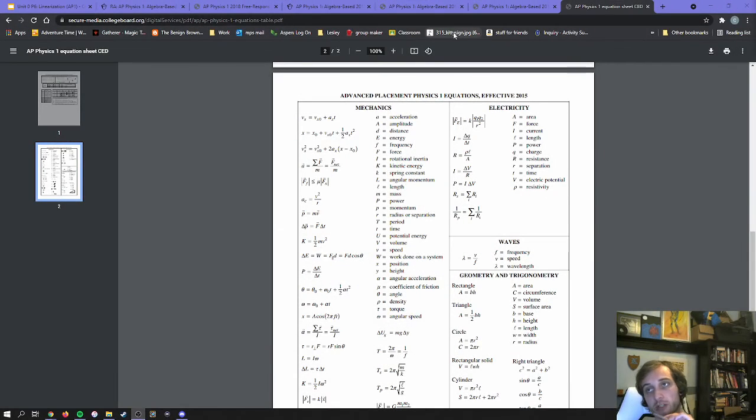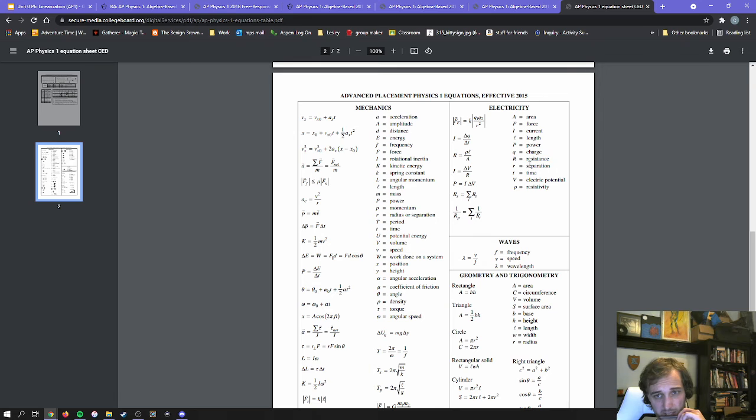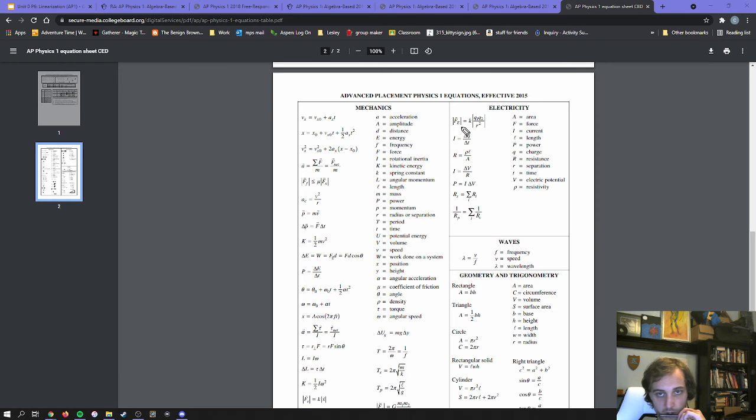So looking at that equation sheet, I don't see anything for resistivity over here. Resistance, that's close, but that's not resistivity. Oh, resistivity. So rho is resistivity. Does one of these equations have rho? Doesn't have rho, doesn't have rho.